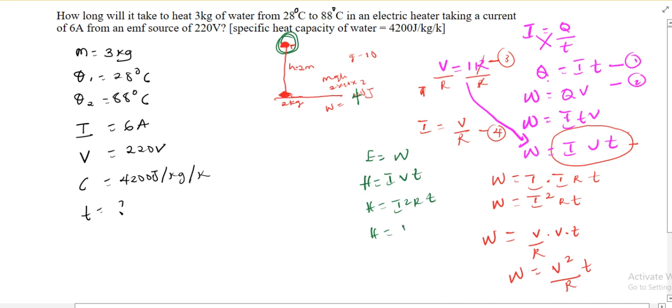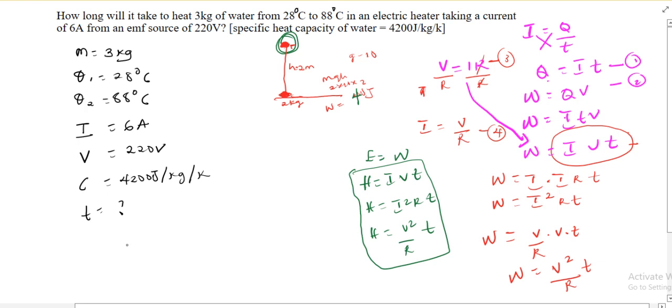Our heat energy is equal to V square over RT. Now, in our question we are using a heater. To get the heat energy of the heater, because we don't know the c of the heater, the best way we can use is these formulas here, which I have derived for you right now. So now let's go back to our question and solve.